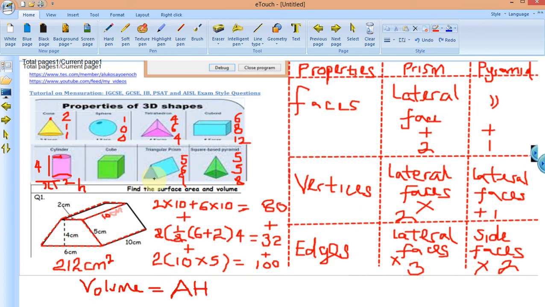For example, if we are working on a triangular base prism and you want to find the volume, the cross section area here is a triangle, so you find the area of a triangle. It depends on what type of triangle it is.